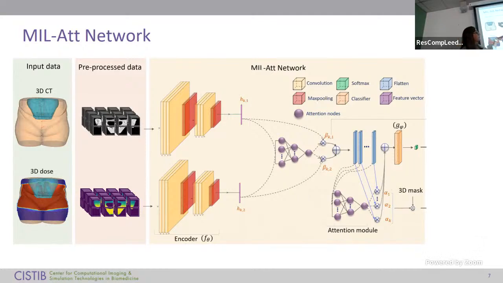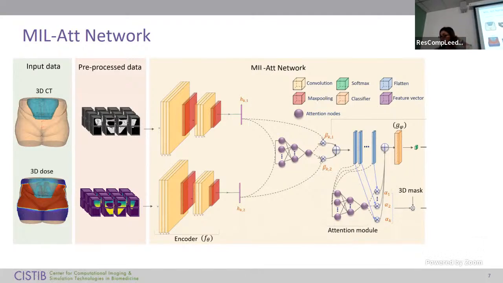After that, these attention modules give us weights, then the average weighted features pass through a classifier module. Here you see this one. It has 4 fully connected layers, where the last one is activated by a softmax function to give us the output.